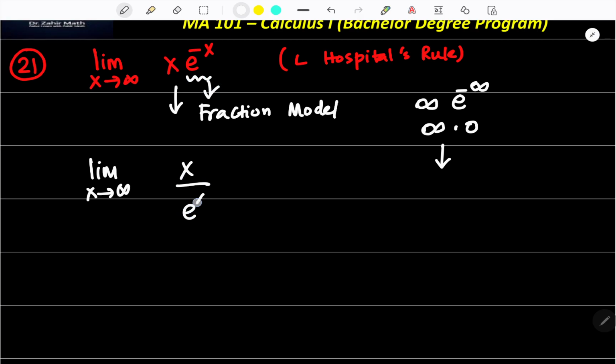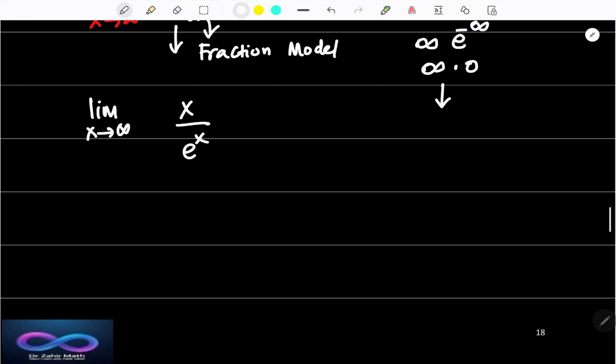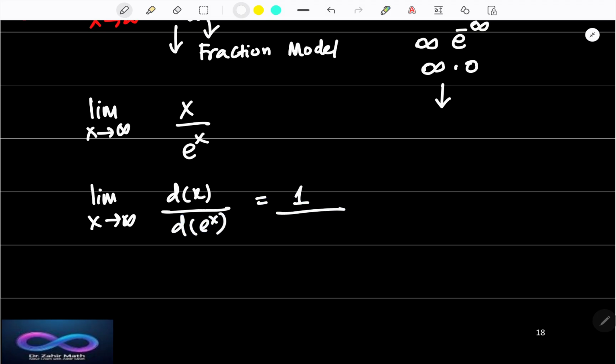So you will get e power plus x. Now you apply the rule. Limit x tends to infinity, differential of x and differential of e power x. What is differential of x? 1. What is differential of e power x? e power x. Put x tends to infinity, 1 by e power infinity. So 1 by infinity is going to become 0.